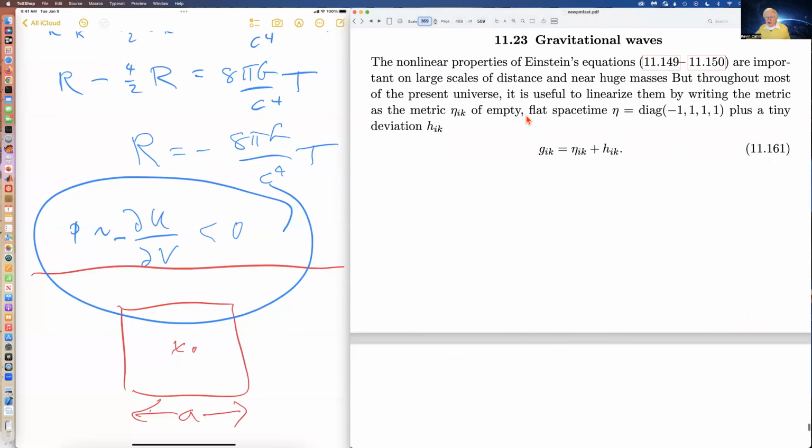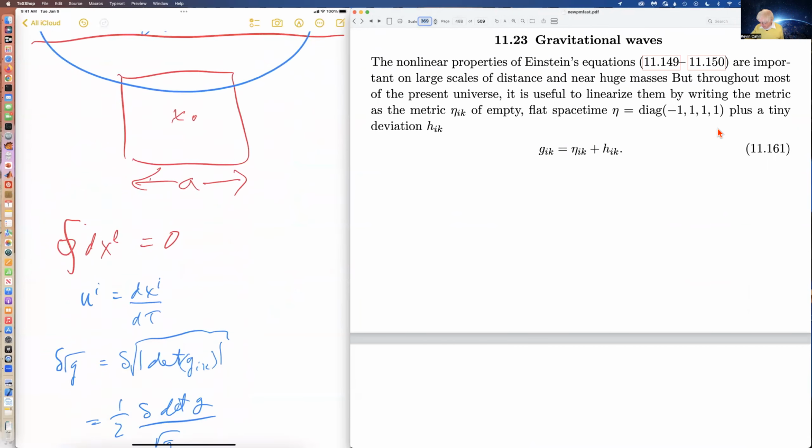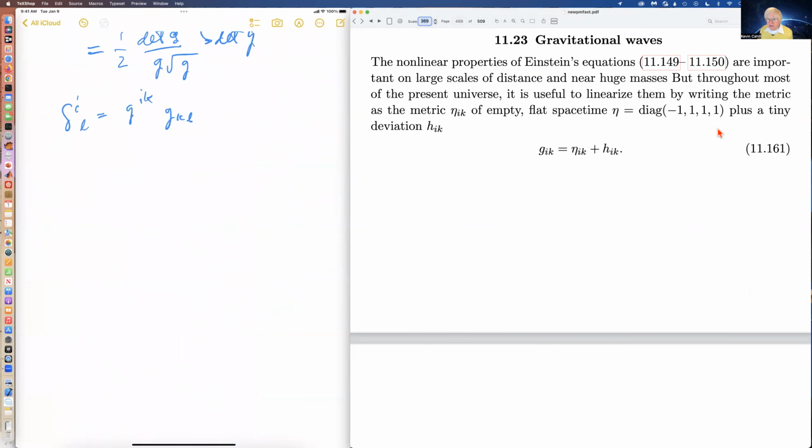So, gravitational waves. In empty space, and empty in quotes, the metric is the ordinary metric of space-time, which is, and since we skipped special relativity, let me change the color also here. Let me go to, say, red.